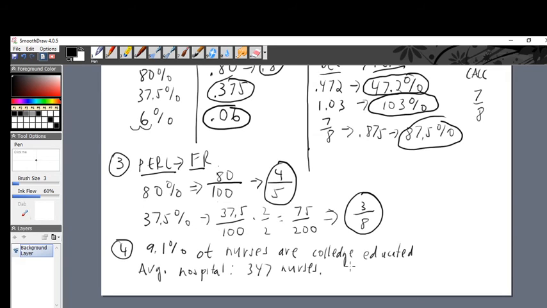Here's the question. How many are college educated? There's no D in college. Sorry about that. Embarrassing mistake. College. How many are college educated?